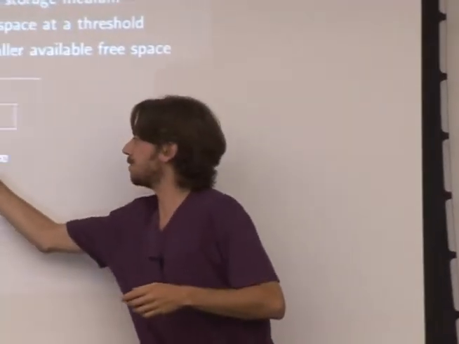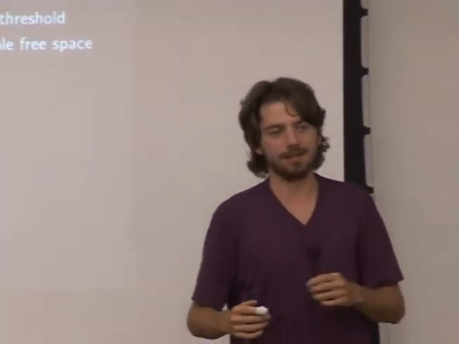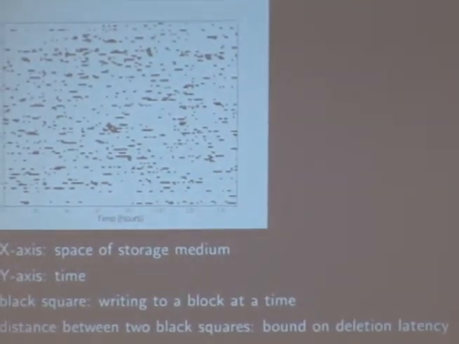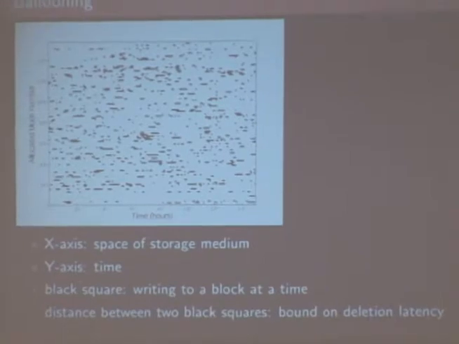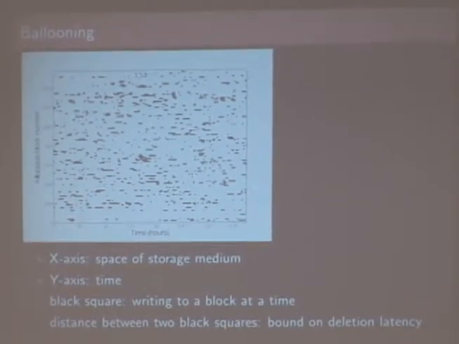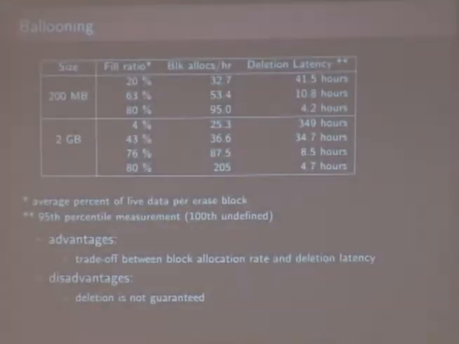And of course, if it goes in the other direction, then new junk files are added. The goal is to always keep the amount of free space at some desired amount. The result is a block allocation graph that looks much more erratic, and much more frequent block allocations occur. You can see as well the time between two allocations is also significantly decreased.